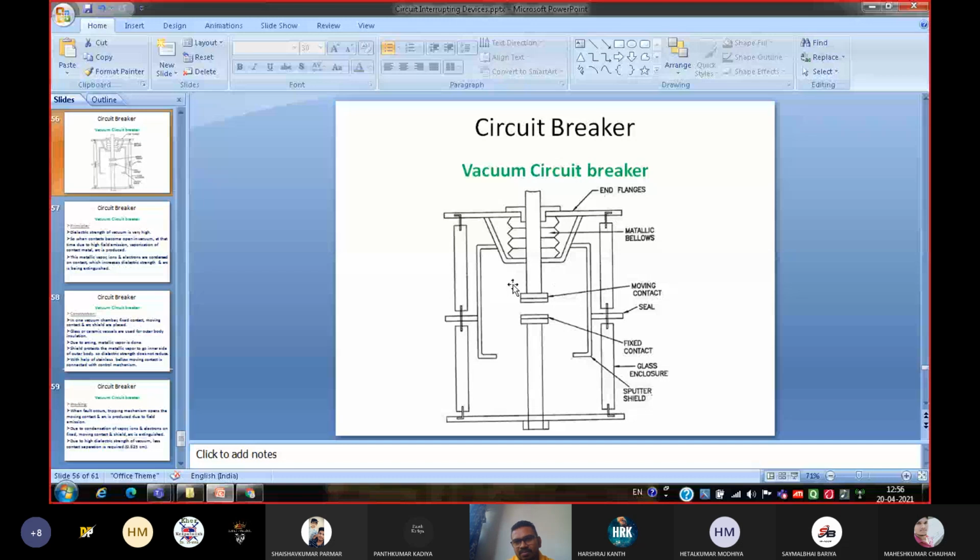Understood? Whatever metallic vaporization is produced will remain in this portion only.